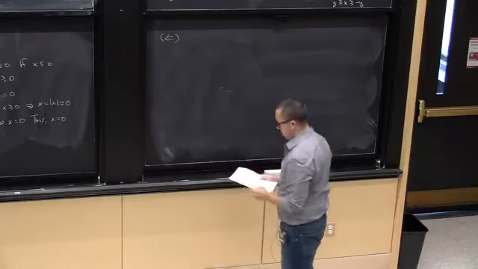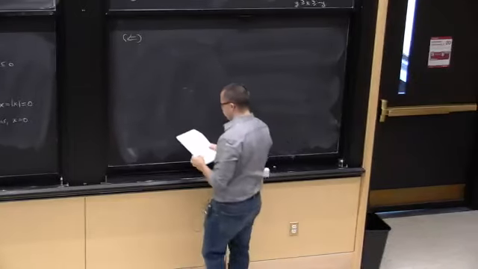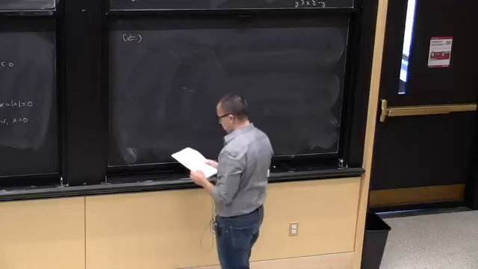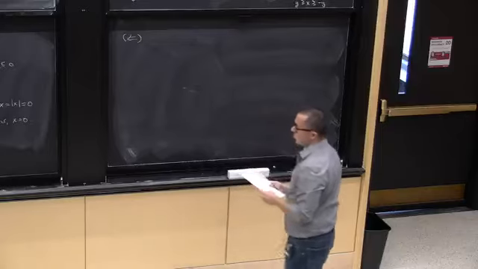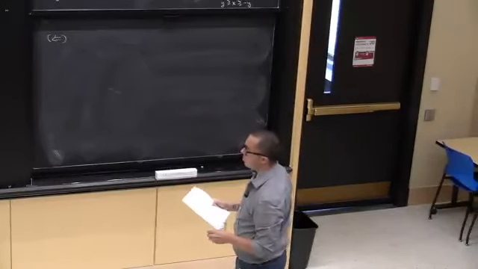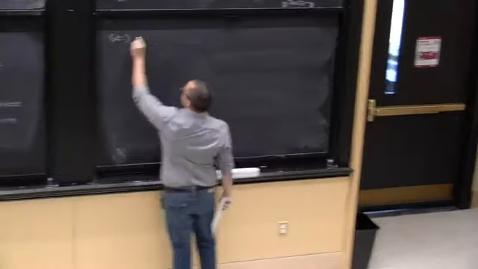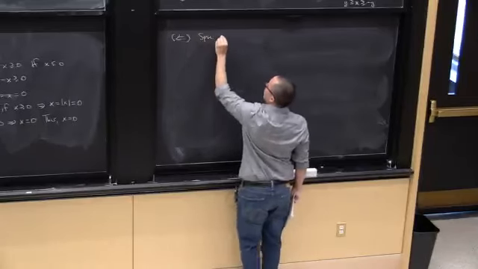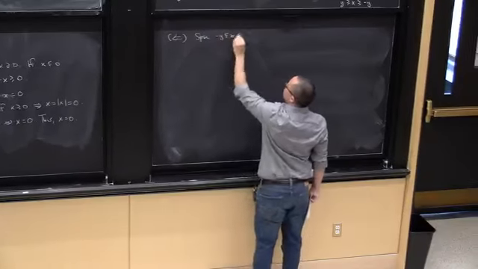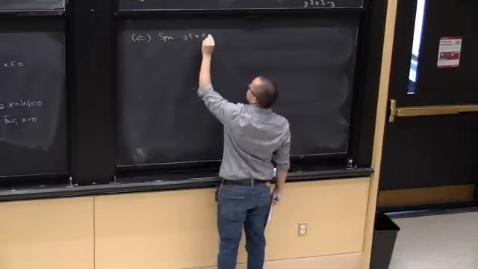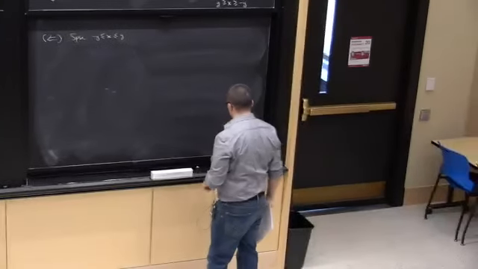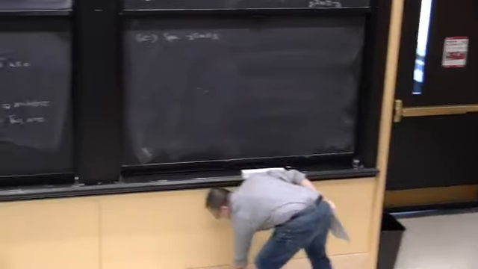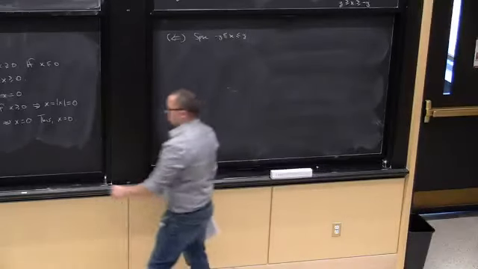So the converse direction. Suppose minus y is less than or equal to x is less than or equal to y. We now want to prove the absolute value of x is less than or equal to y.